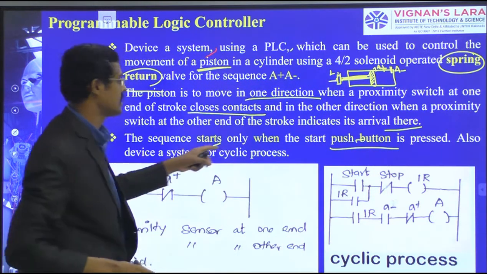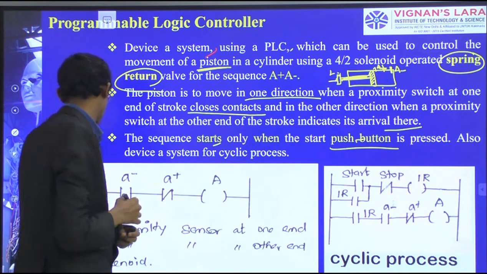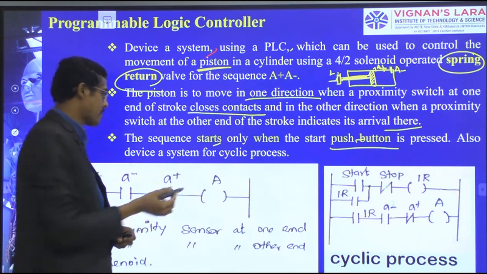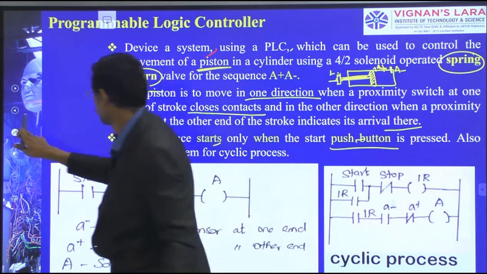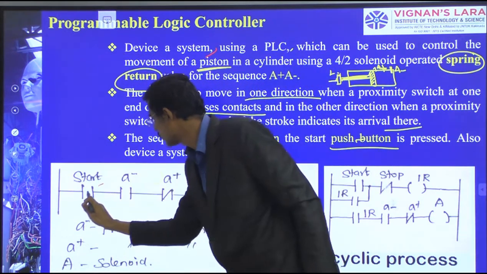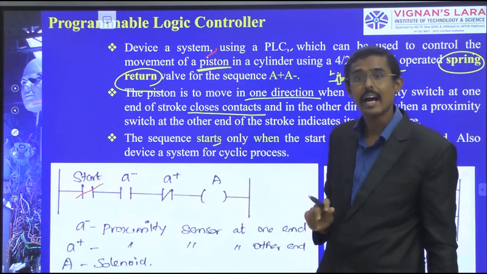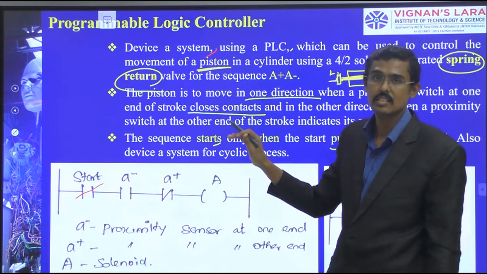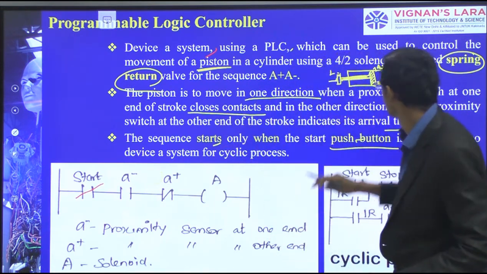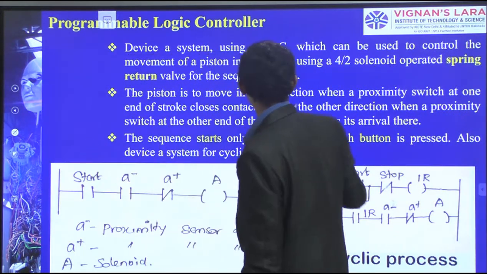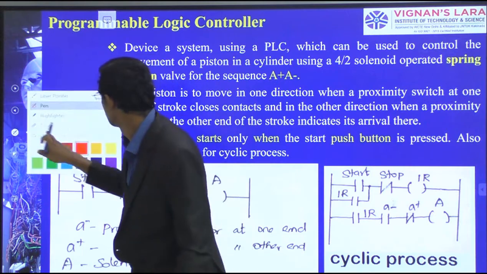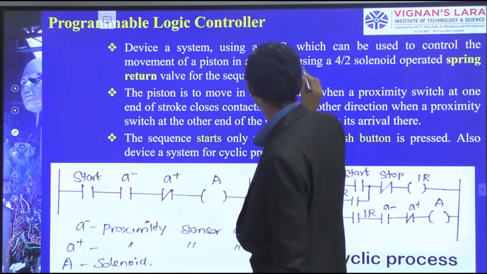Also the device system is for a cyclic process. See what I am doing first. I have given a start, it has been pushed now, and then it detects the zeroth position. We will erase this. I have to do A minus and A plus.